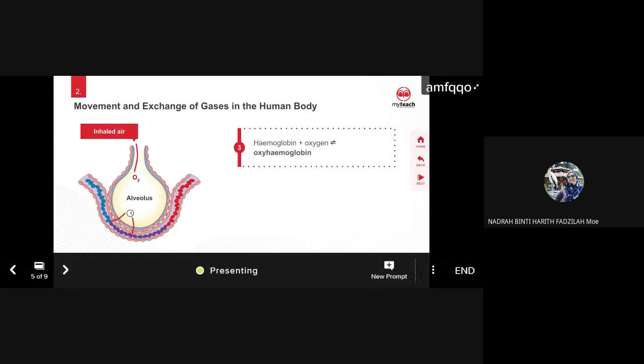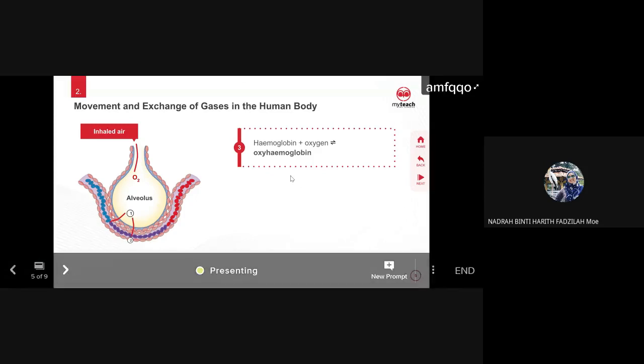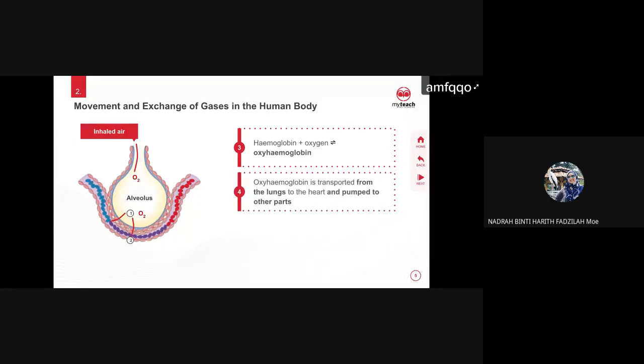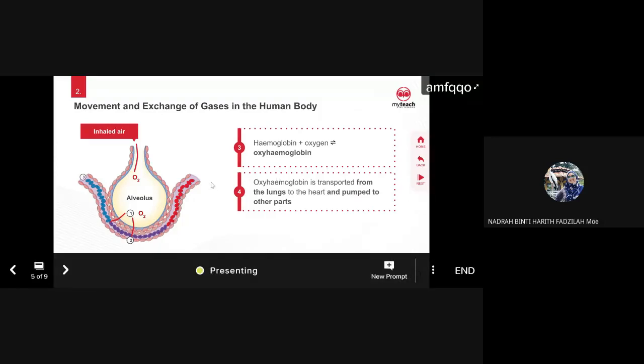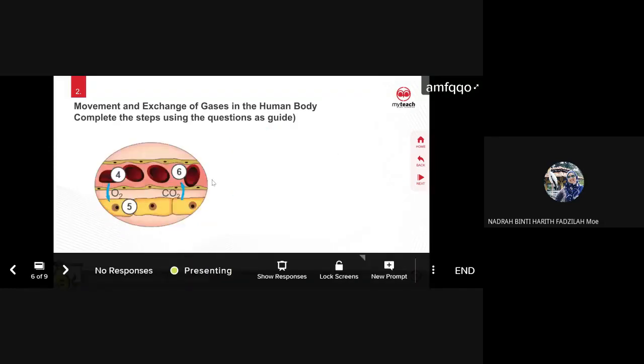What happened is oxygen combined with hemoglobin to form oxyhemoglobin. And then oxyhemoglobin will be transported from the lungs to the heart. From the heart, pump atau move to other parts of the body. And then, sorry.